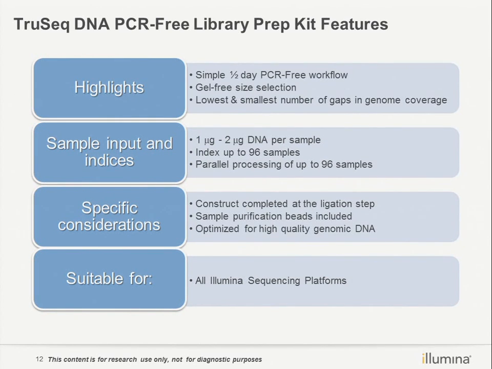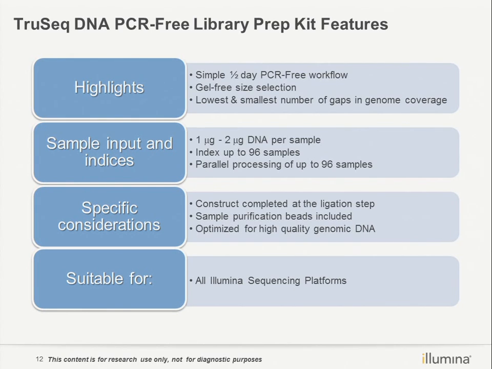And the second one is TruSeq PCR-free. PCR-free prevents the PCR step. In this way, we can prevent the bias from the PCR process. Without PCR, the workflow is faster, half a day, and it's also based on bead-based size exclusion, the gel-free one.